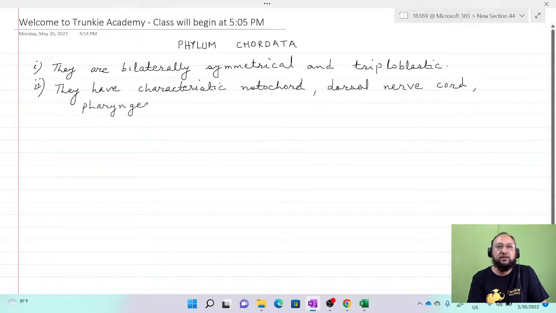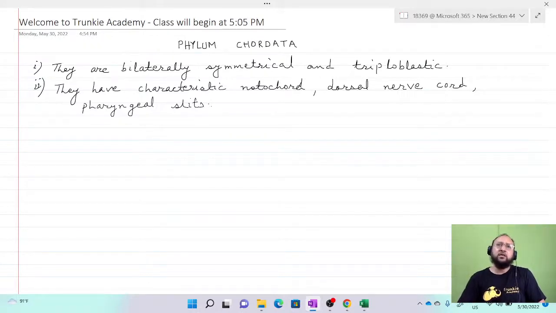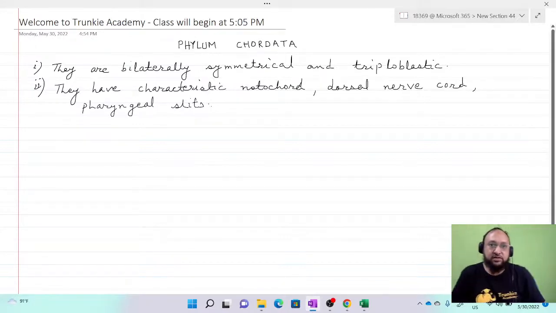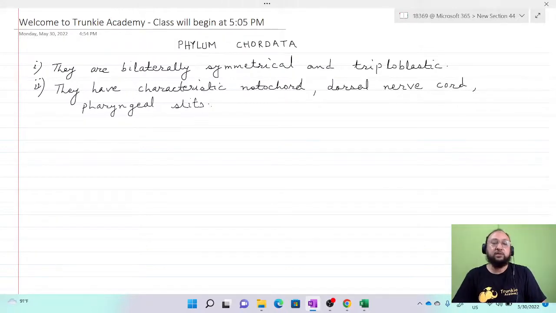These are the characteristic features of the phylum Chordata. Notochord is one of the most important features, because the phylum name Chordata has been kept due to the notochord.